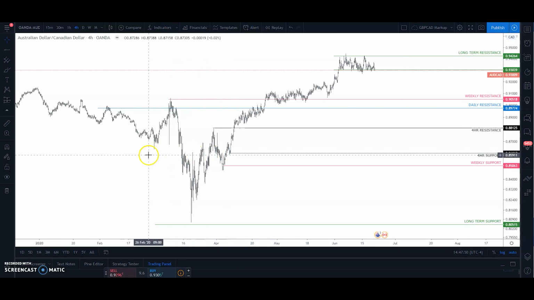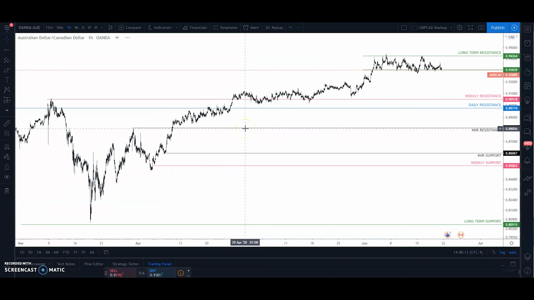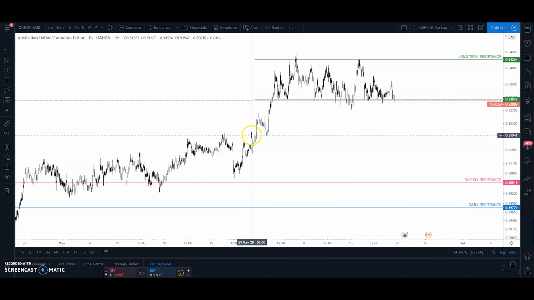Look here. It came down, tested, and shot up. Then it tried to retest again and still went back up. Then eventually it broke through and broke down all the way down, and it broke through here, retested, and then retested again. So I'm going to use that as 4 hour support. Now I'm going to go down to my 1 hour, and actually no, I'm going to leave this as is.